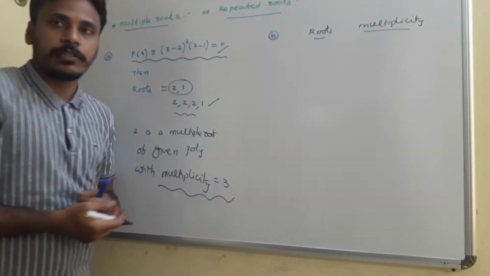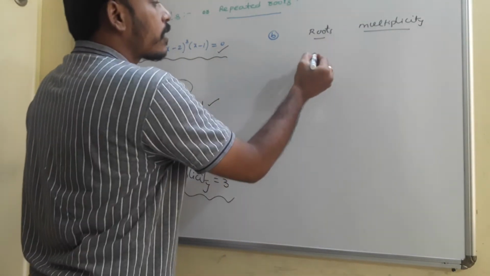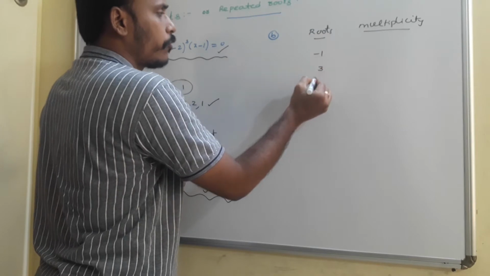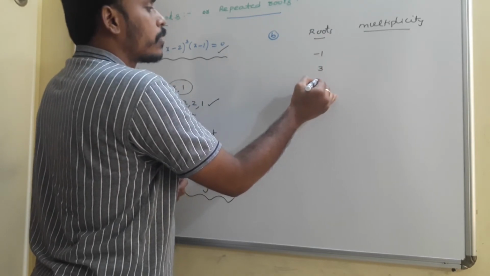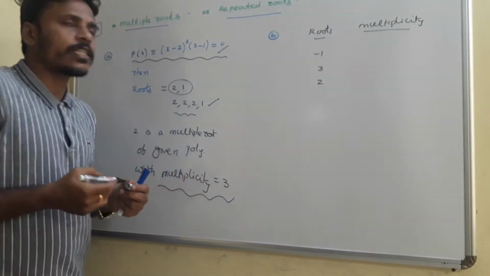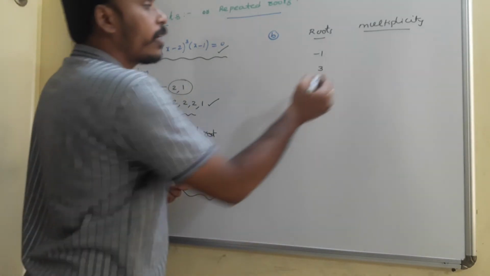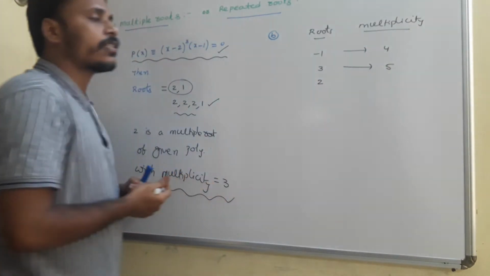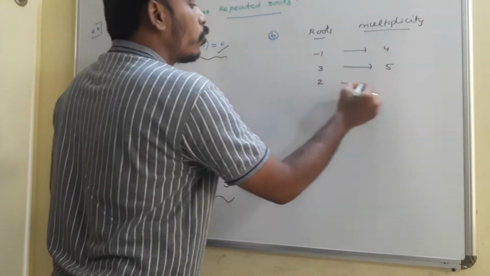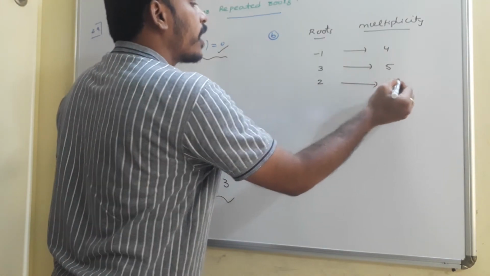Suppose you take the roots as minus 1, 3, and 2. Minus 1 is a root, take its multiplicity as 4, 3 is a root, take its multiplicity as 5, 2 is a root, take its multiplicity as 7.